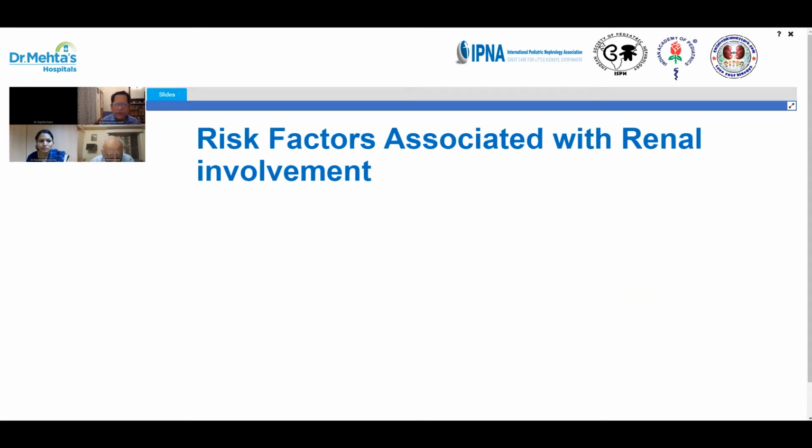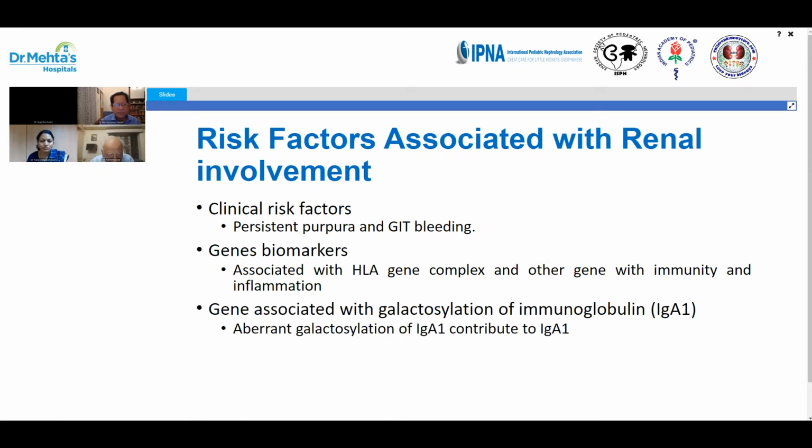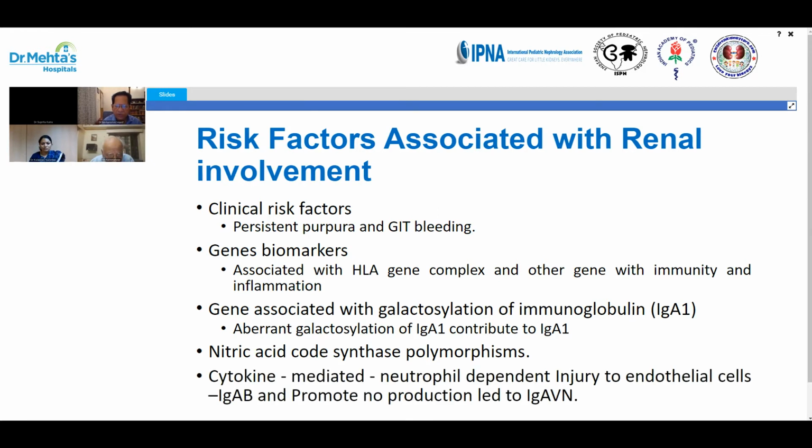Risk factors associated with renal involvement in HSP: clinically, persistent purpura or persistent GIT bleeding. For genetic biomarkers, association with HLA-DRB1 or other gene abnormalities, genes associated with glycosylation of immunoglobulin IgA, nitric oxide synthase polymorphism, and cytokine-mediated deposition in neutrophil injury.